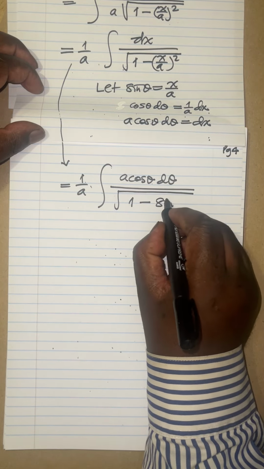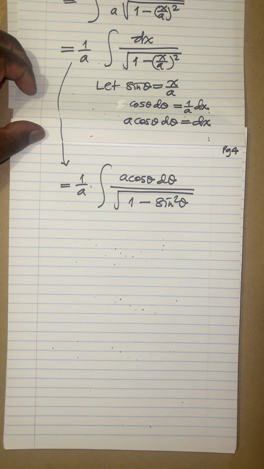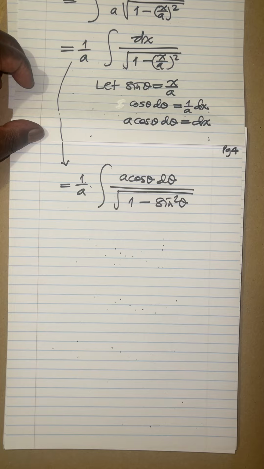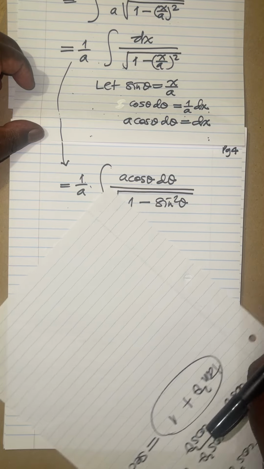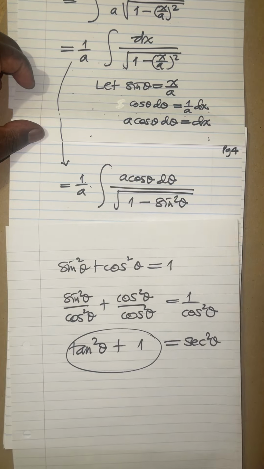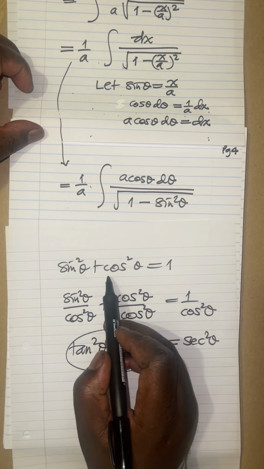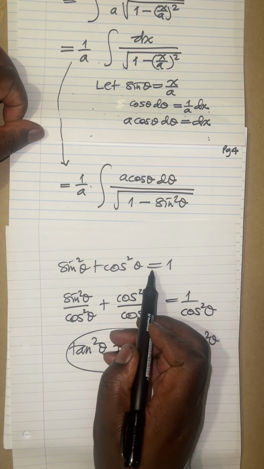So this will be sine squared theta. Again, I must remind you of this expression which I gave you earlier on. Remember this expression here: sine squared theta plus cos squared theta equals 1.